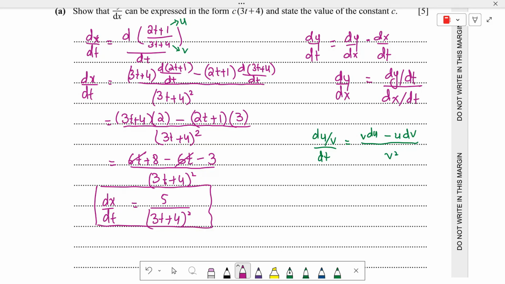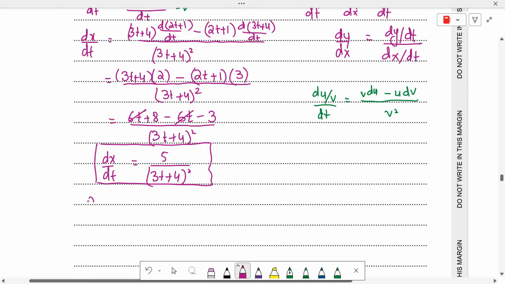Now we find dy/dt, the derivative of y with respect to t.